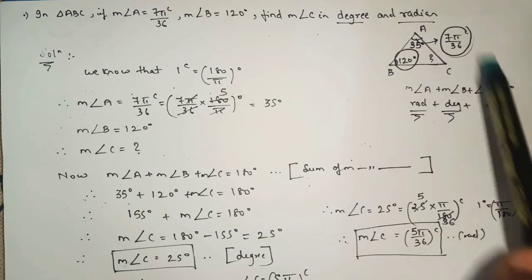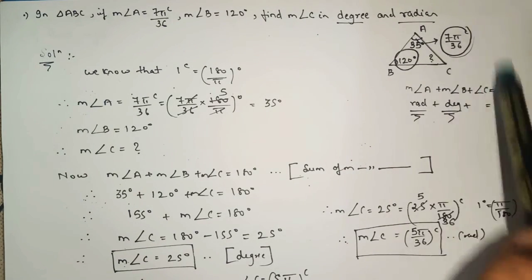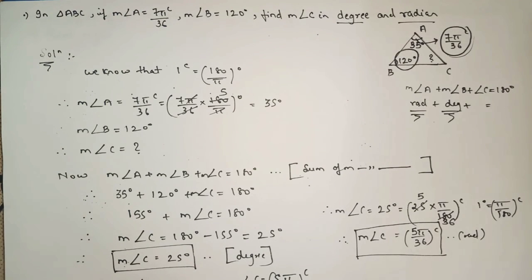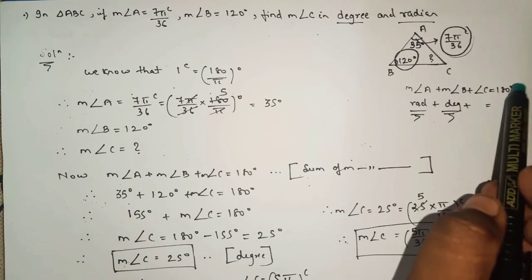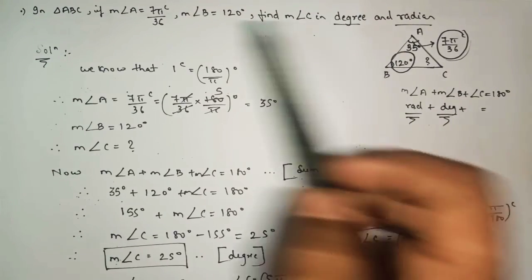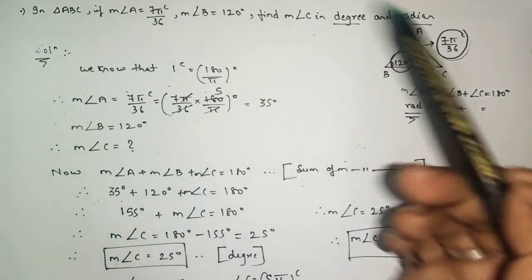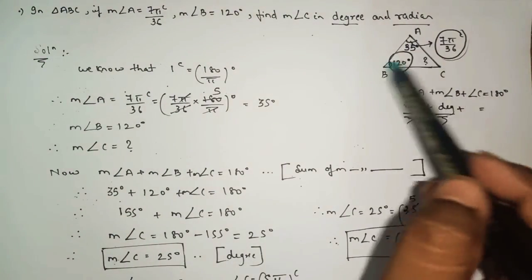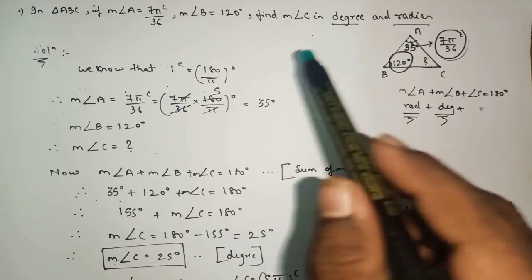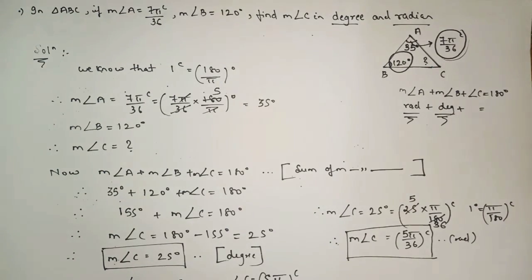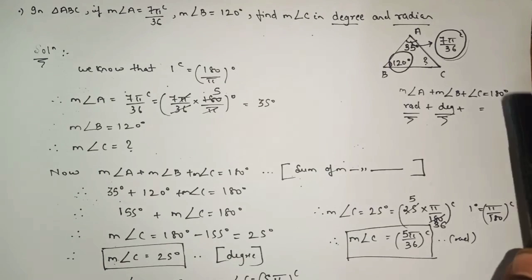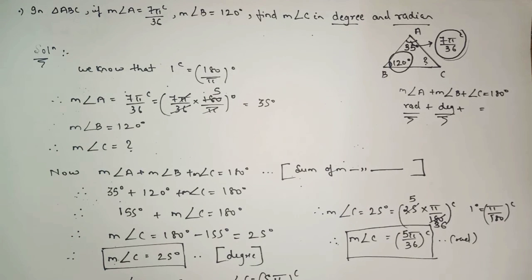I hope you all know the triangle interior angle property, that the sum of the measures of the interior angles of the triangle is 180. Suppose this triangle is replaced by a quadrilateral. For a quadrilateral we know the property, the sum of the interior angles of the quadrilateral is equal to 360.